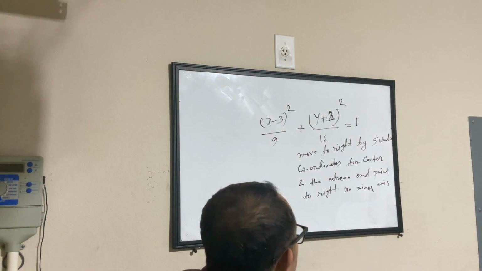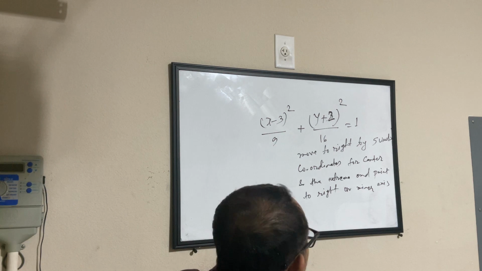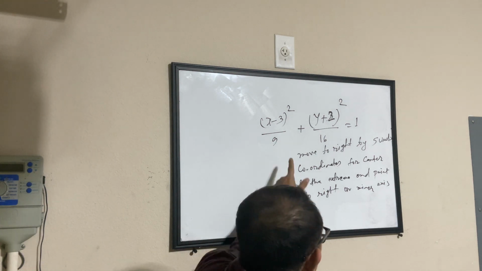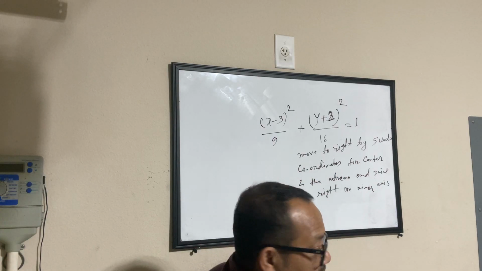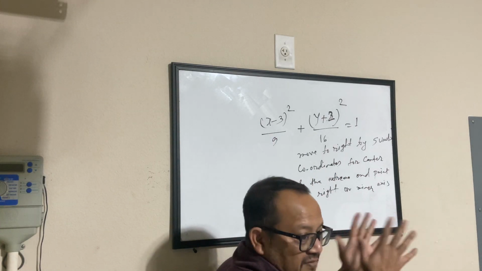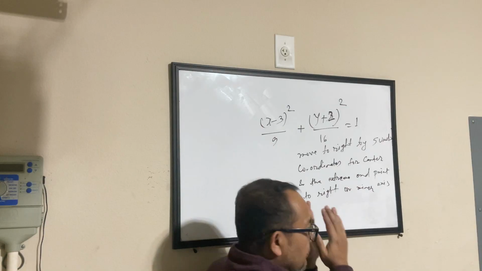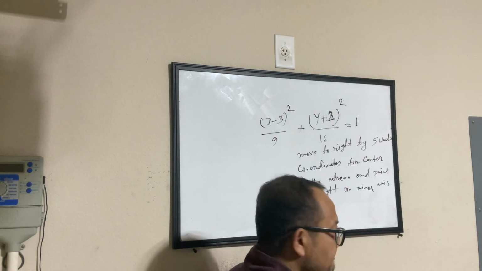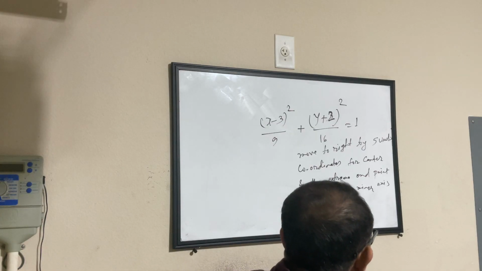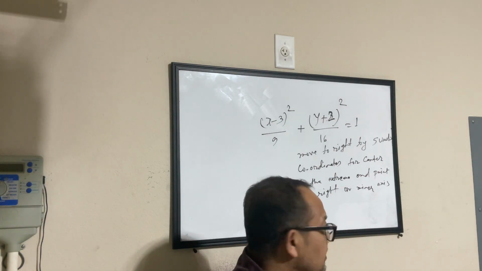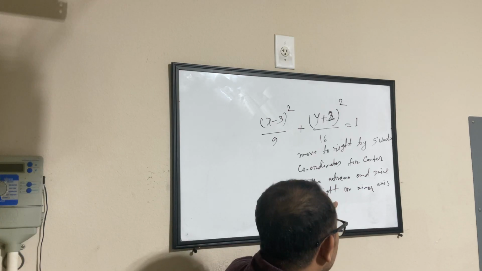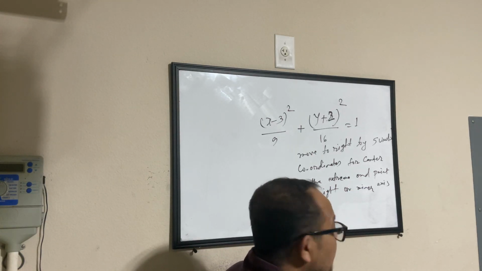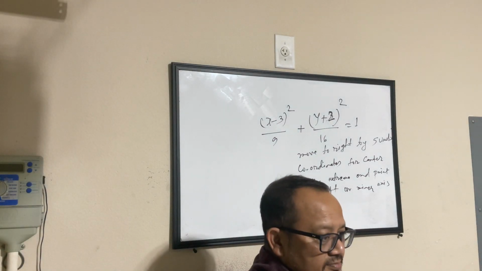But we have to make our judgment and figure out what kind of shape this is. And then it says, if you move to the right by 5 points, this shape is somewhere in the coordinate plane. If you shift it to the right by 5 points, what will be the coordinates for the center and for the extreme end point to the right of the minor axis?